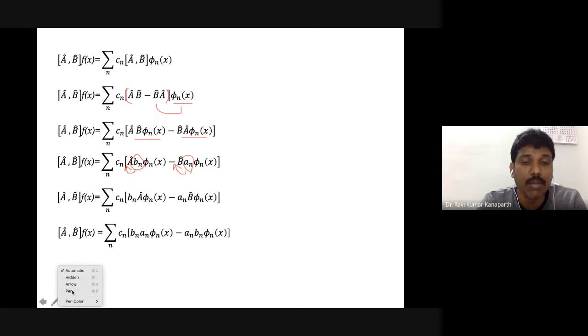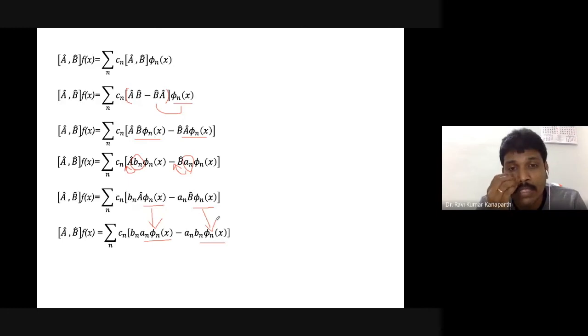Similarly, when B operates upon phi n of x, what we get is Bn phi n of x.